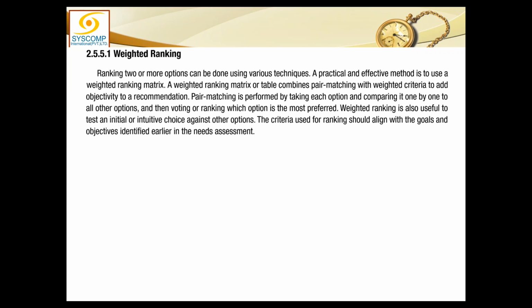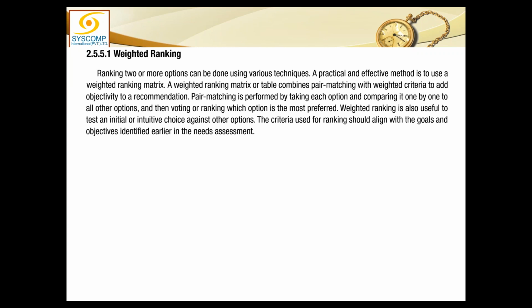Okay. Weighted ranking is also useful to test an initial or intuitive choice against other options. The criteria used for ranking should align with the goals and objectives. So the criteria or the factors you have chosen should not be taken out of the blue. They should be related to and aligned with the goals and objectives identified earlier in the need assessment.